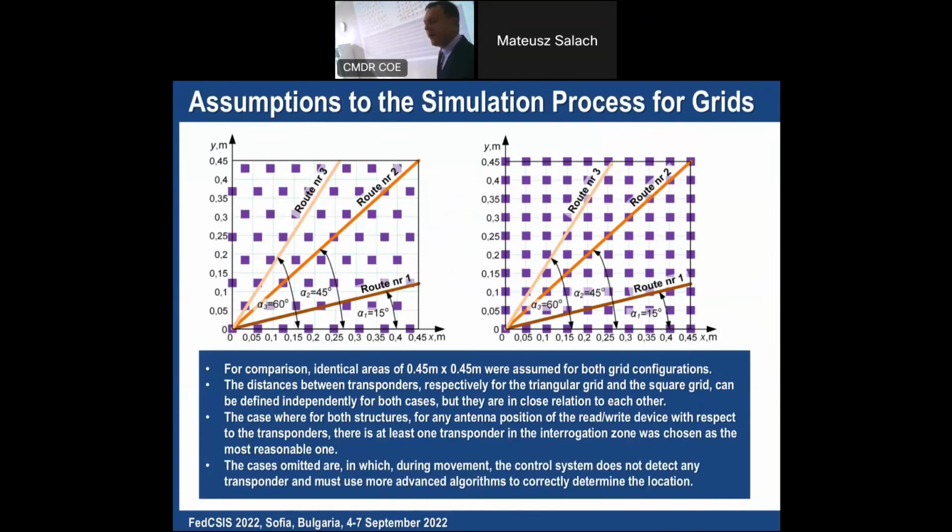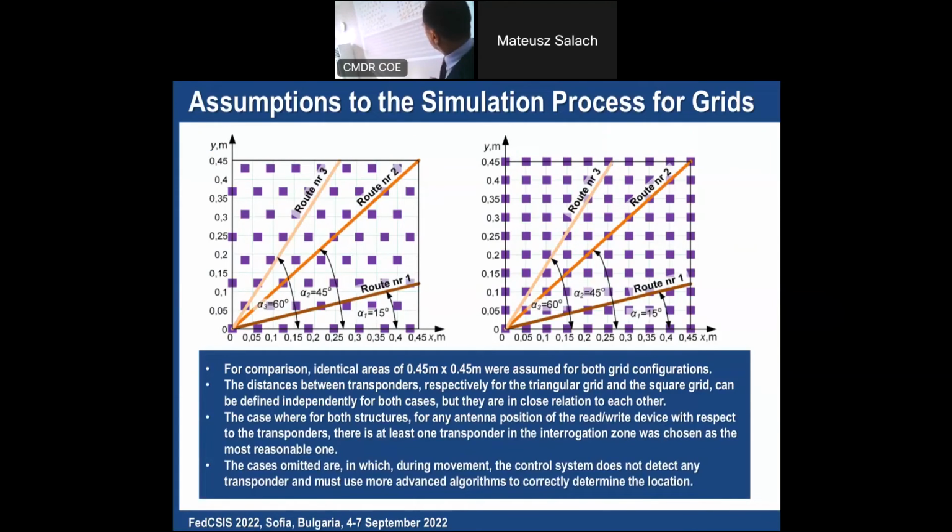We may compare the 2 types of grids, the triangle one and the square one. Please ignore the density of the transponders for now. The areas are the same.